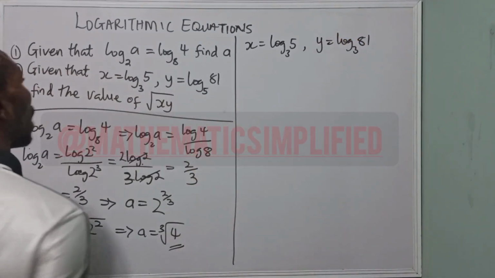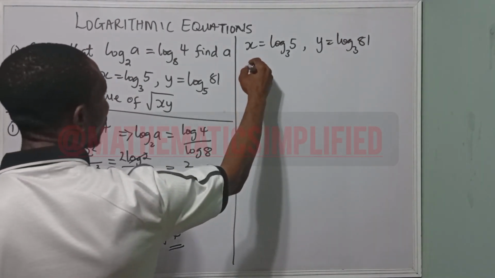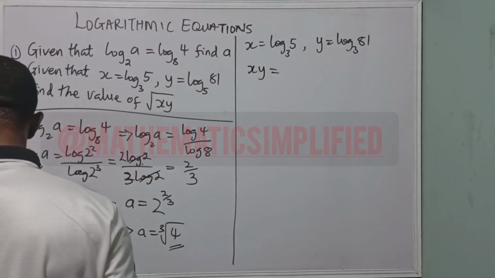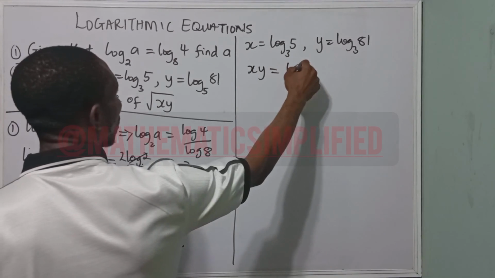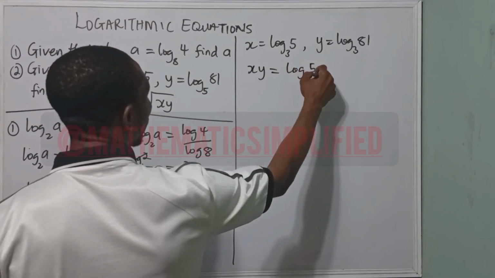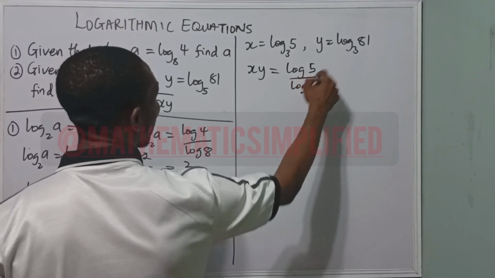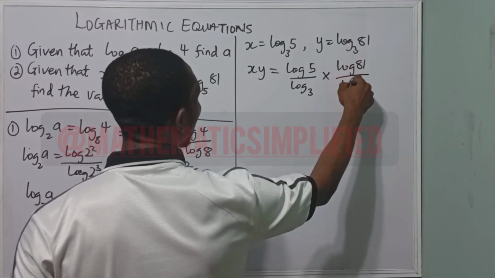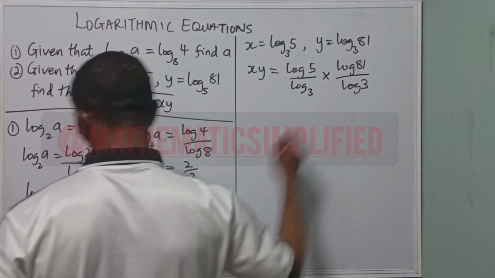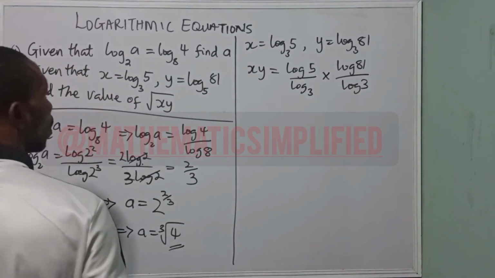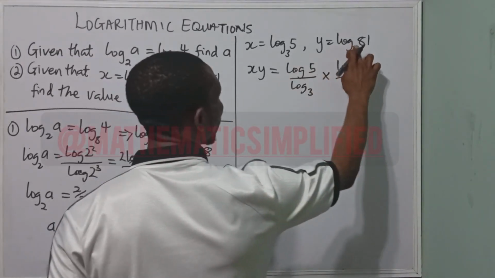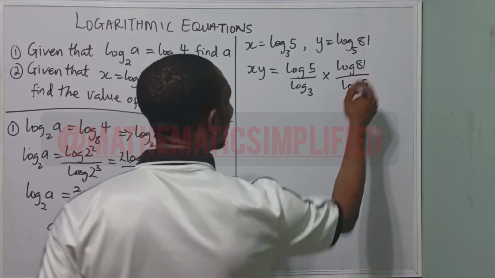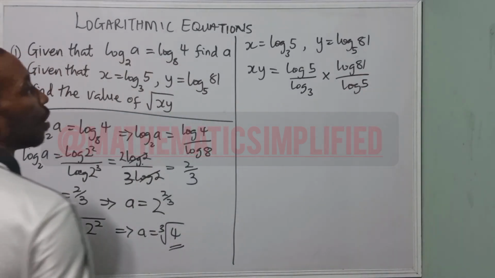Applying our change of base law here, xy becomes log 5 over log 3 times log 81 over log 5.